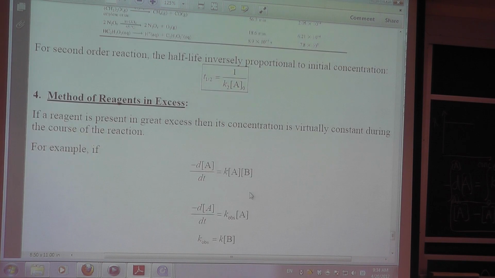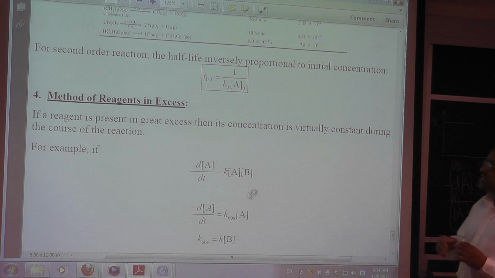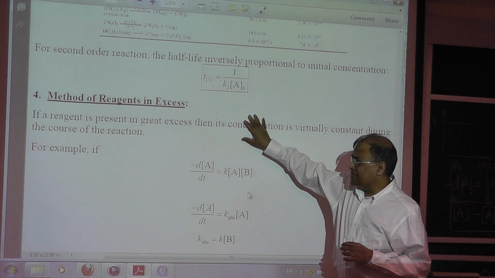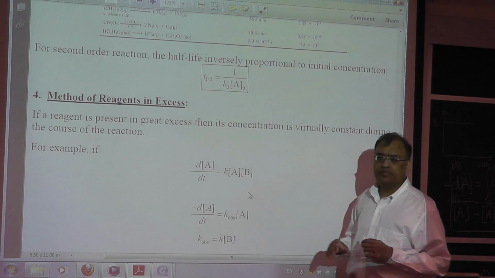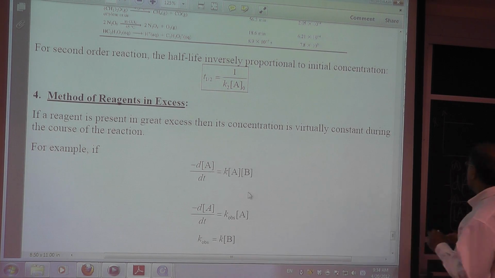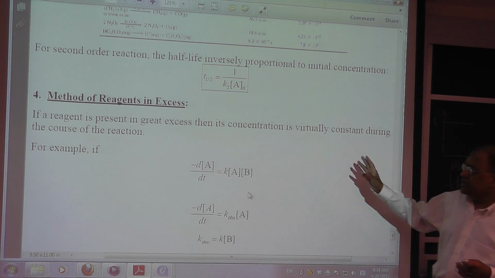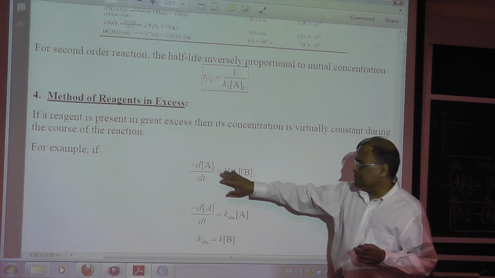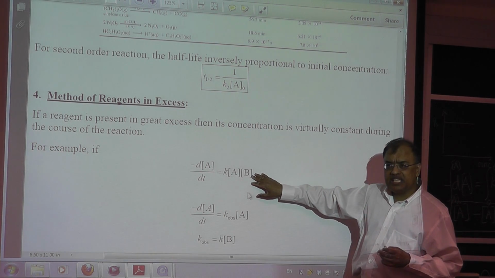And finally, the method that you're going to use in lab is called the method of reagents in excess. So supposing you have a reaction A plus B going to product, and the differentiated rate law is this.